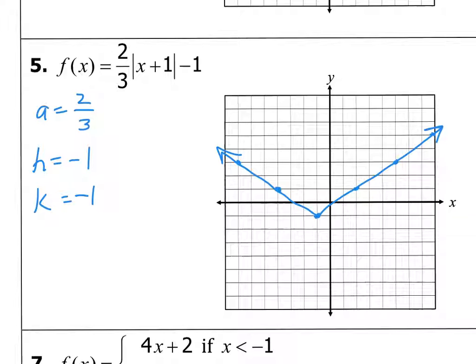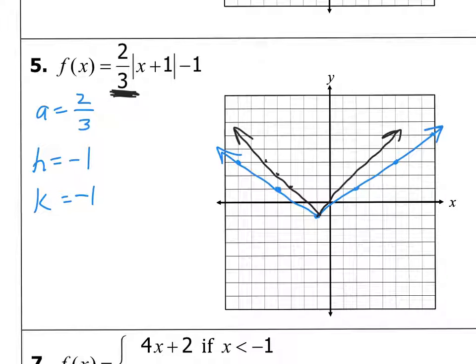Had we had a 1 as our A, it would have been rise 1, run 1, rise 1, run 1, and you see that it would have been along the black line.